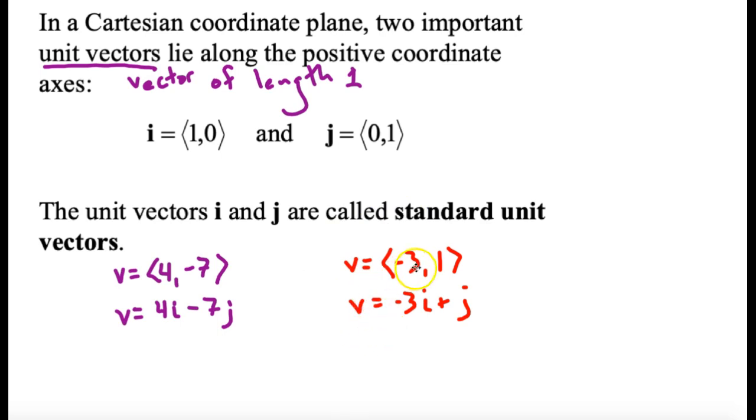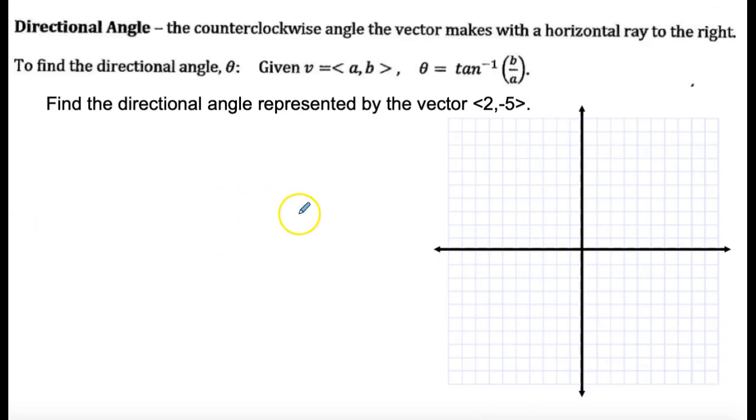We can write vectors using i and j notation, and you'll see that on the homework as well. But just understand that this means the same thing as this.